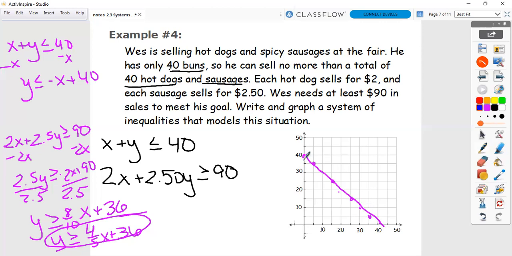So we need to approximate where 36 is. 2, 3, 4. Again, connect with a solid line. And then go ahead and shade the overlap.